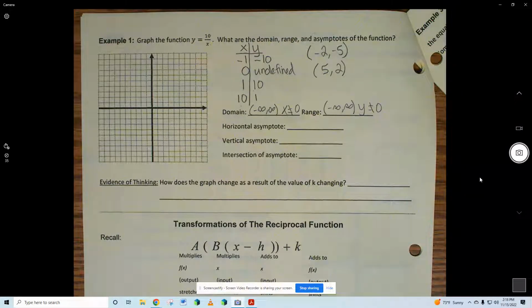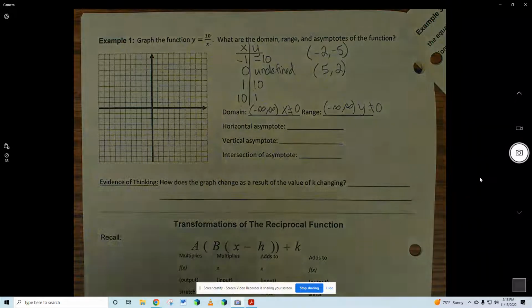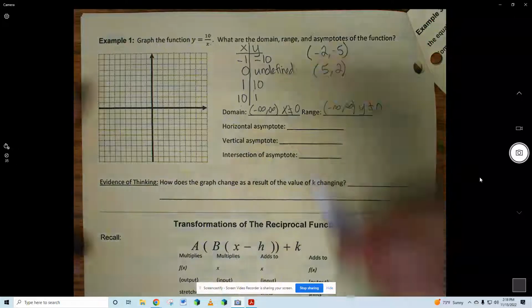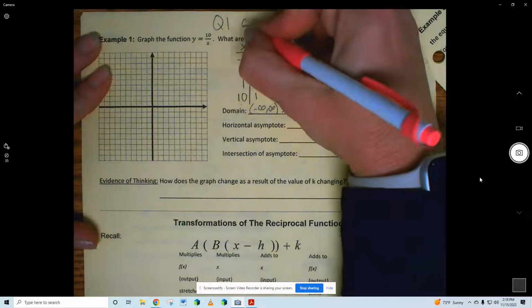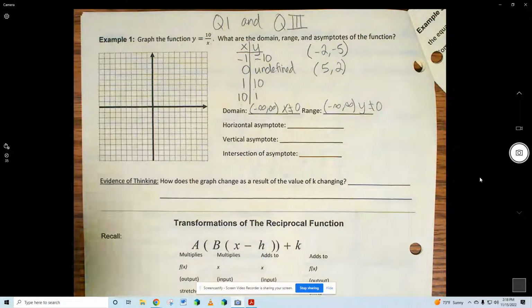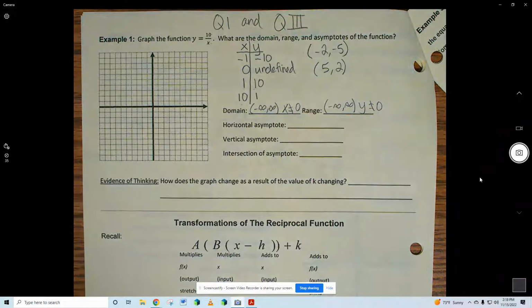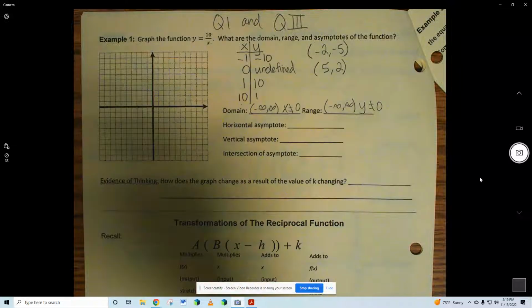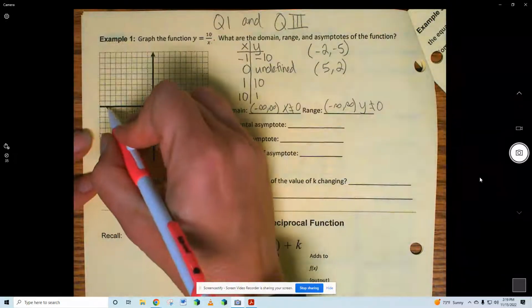So now we need to plot all these points. Part of my graph is going to be in quadrant 1, and the other is going to be in quadrant 3. So, quadrant 1 and quadrant 3. Negative 10 would be at negative 1.